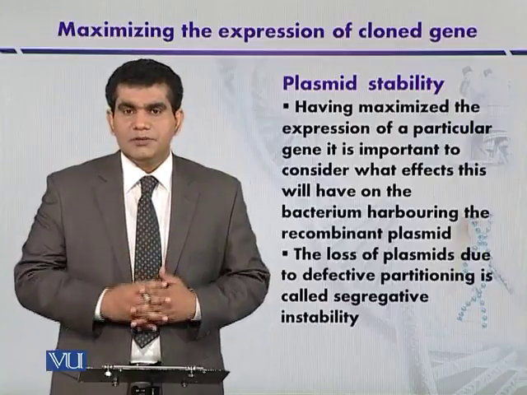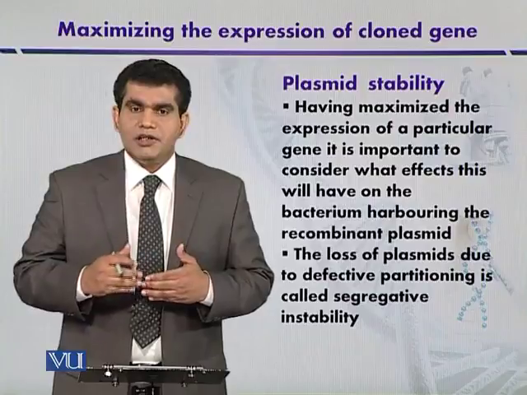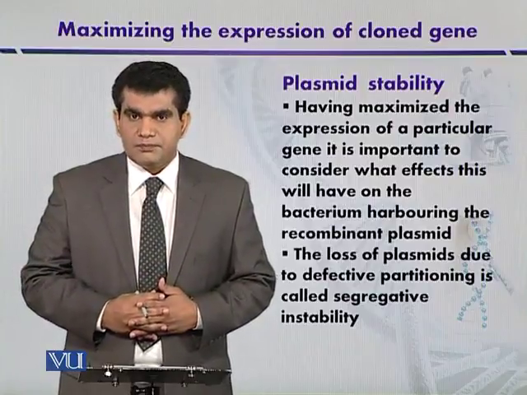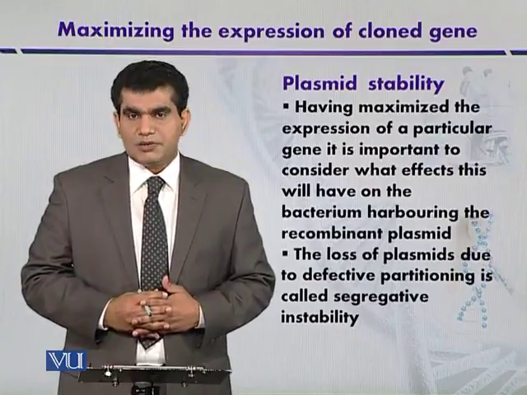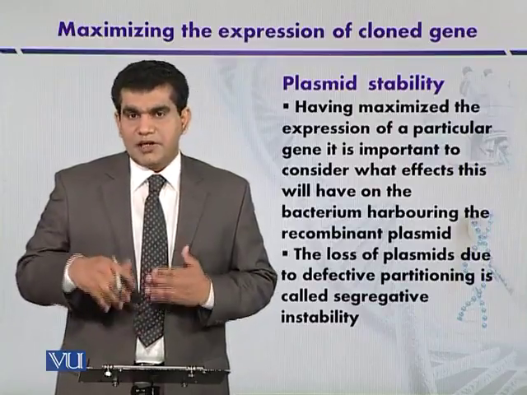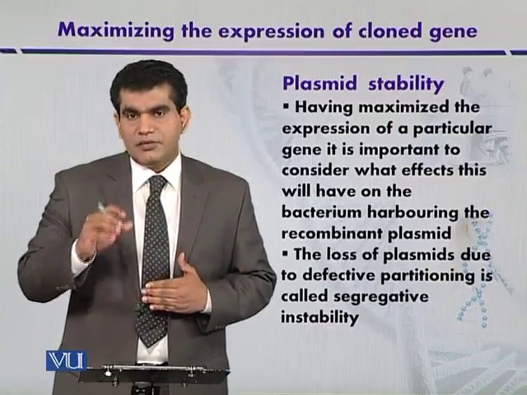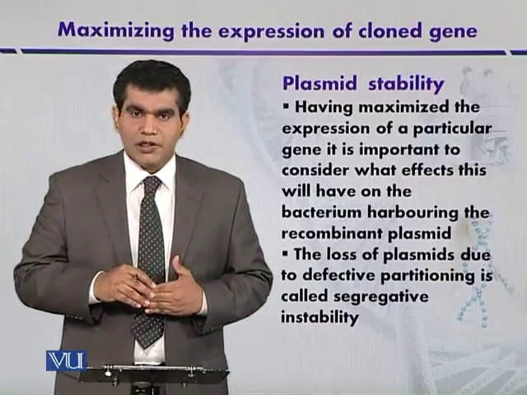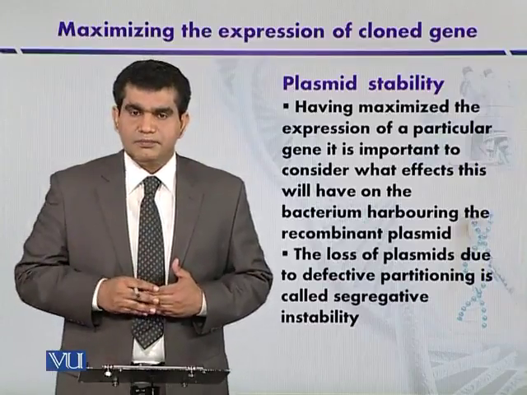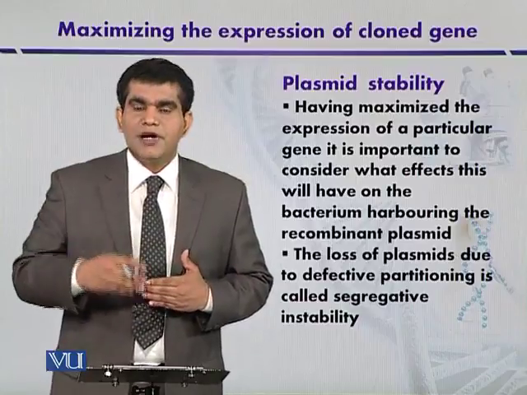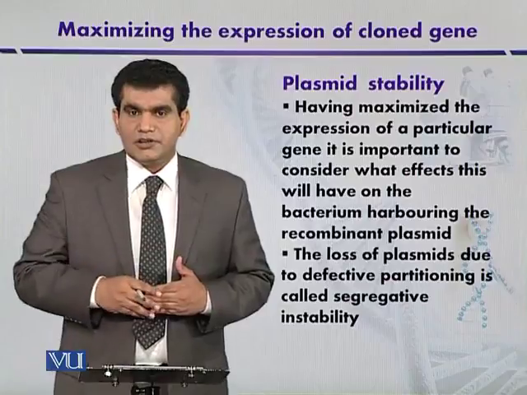When cell division occurs, genomic DNA as well as plasmid DNA is distributed equally. Especially in the case of natural plasmids it is managed, because in natural plasmids there is a region of the DNA called the PAR region, PAR from partition. It can manage the equal distribution of the plasmid into the daughter cells.